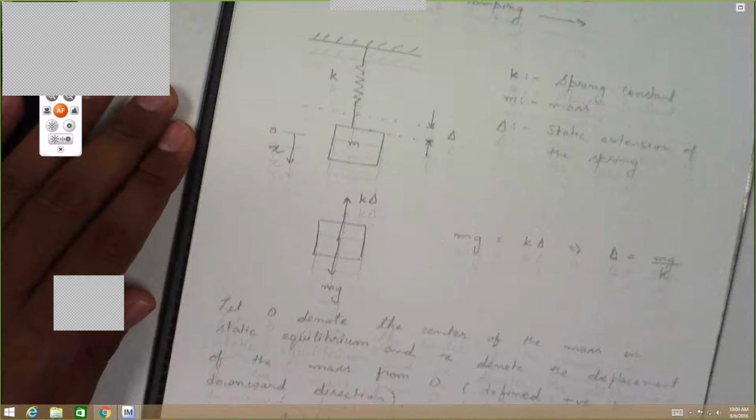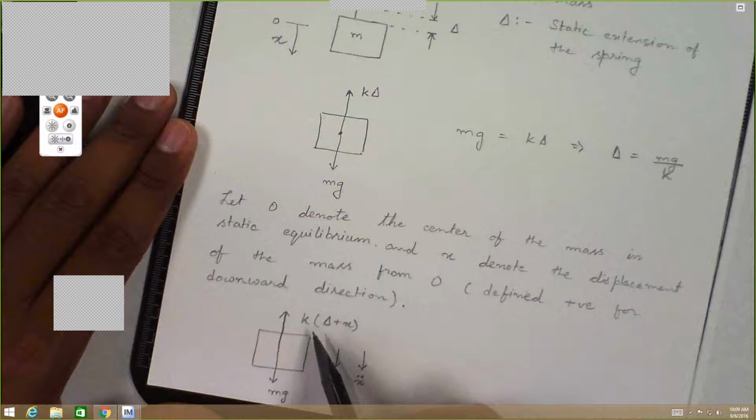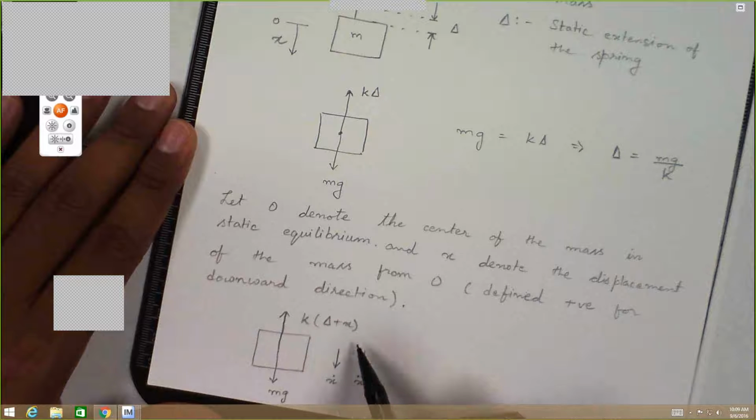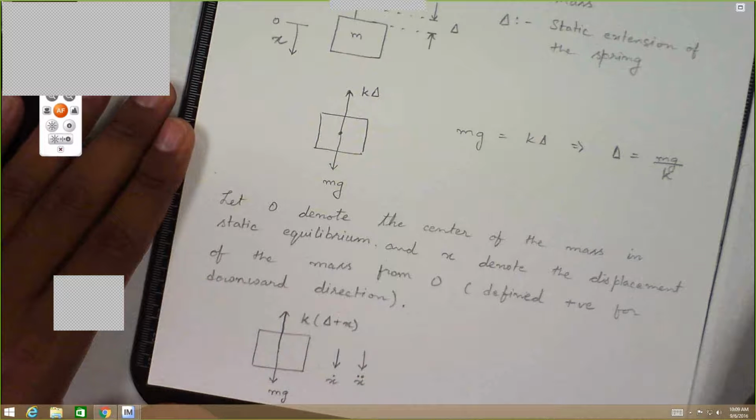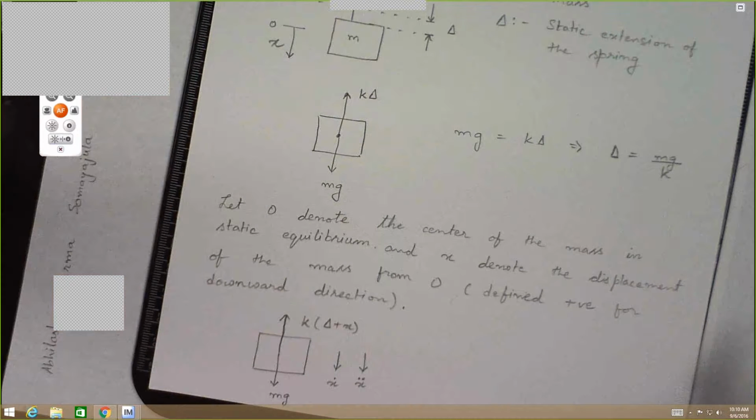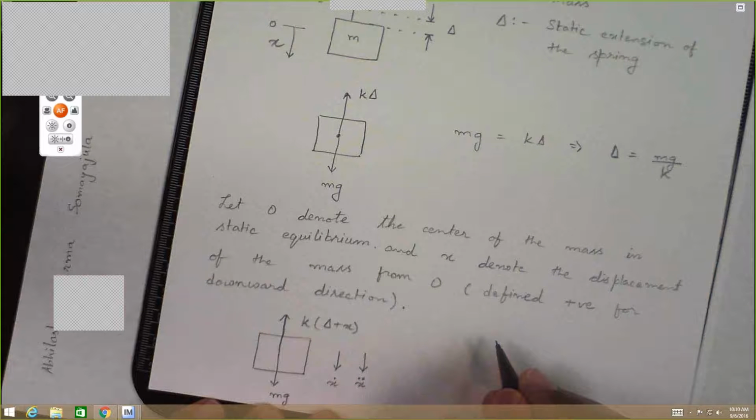But then you would have had k times delta minus x here. You can verify yourself later that we would have ended up with the same relationship as we're going to derive now. So now we apply Newton's second law.